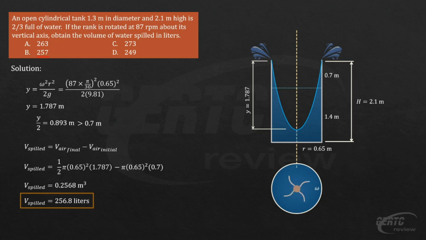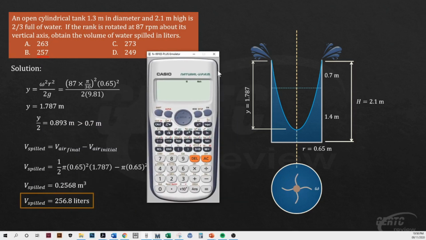By the way, that's another way to do this. But be careful, okay? This is the principle here. If we stop the rotation, for example, since this does not reach the bottom, when the rotation stops, the water will rest exactly at y/2.